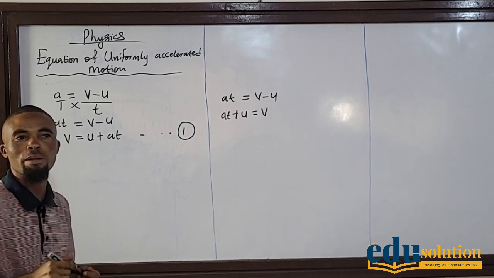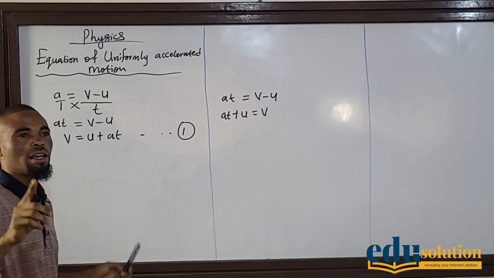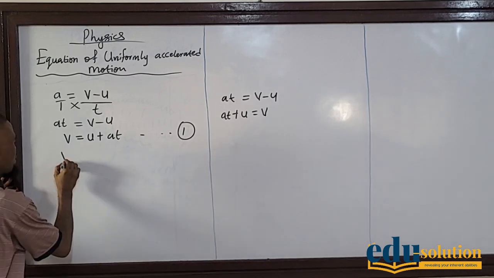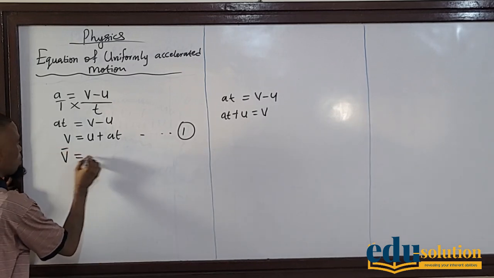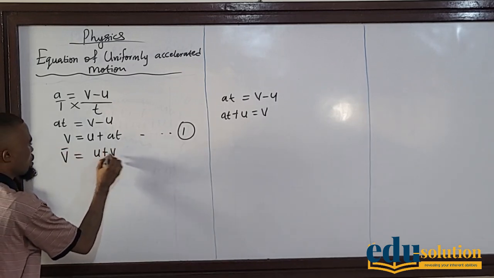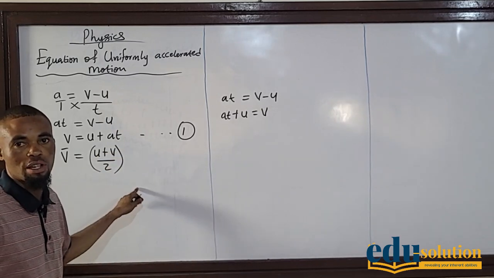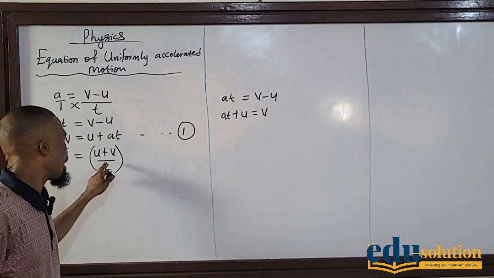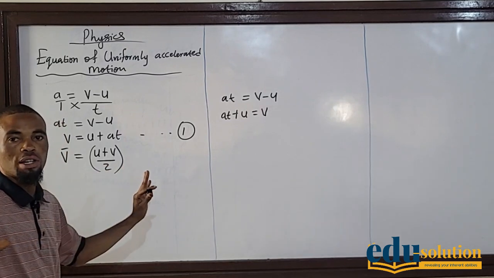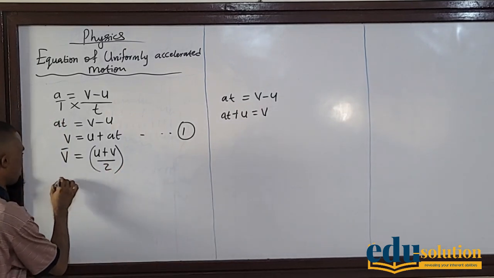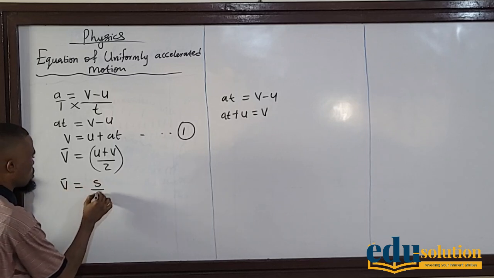Now, you will also remember that in uniform acceleration, average velocity can be given as (u + v)/2. So average velocity can be represented with this. Also, we know originally that our average velocity is displacement over time.